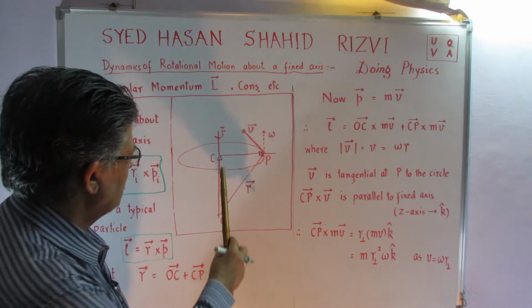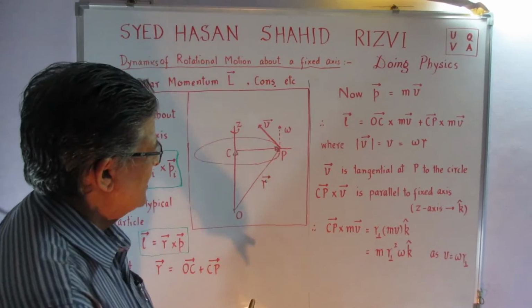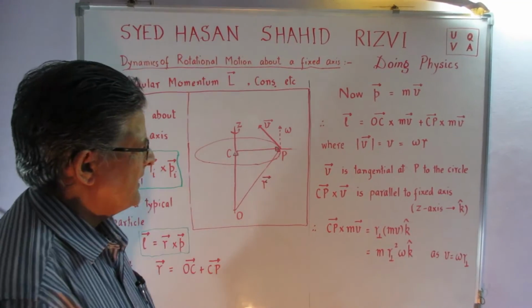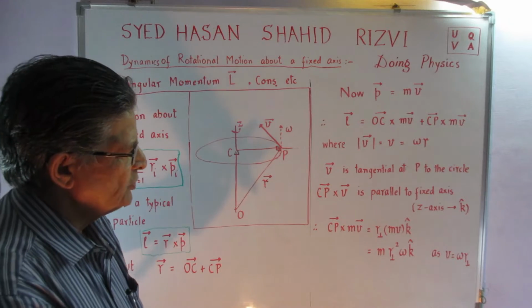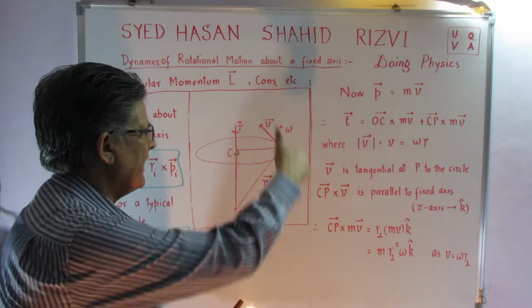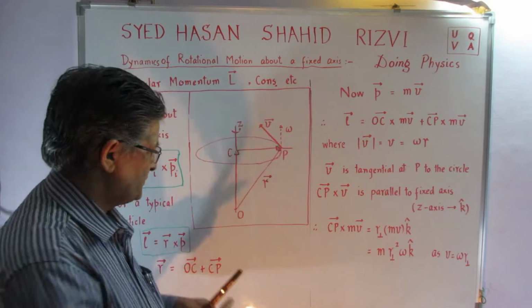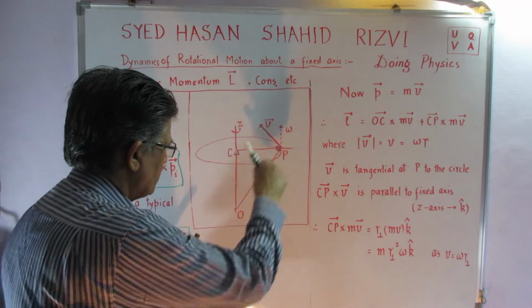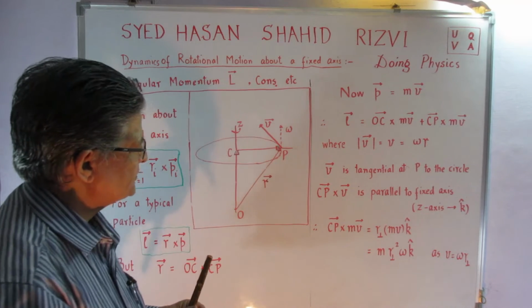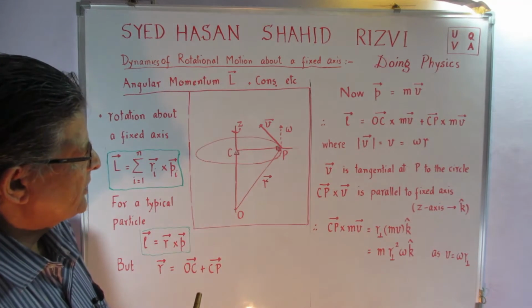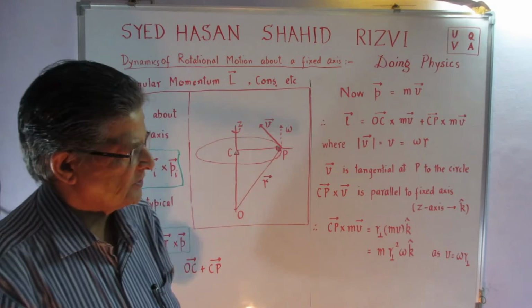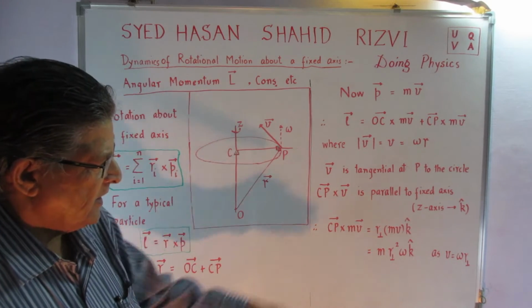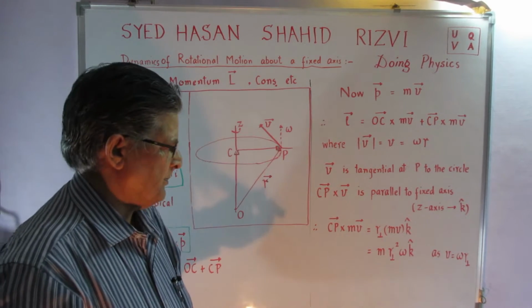Okay, so CP cross MV is parallel to the fixed axis. We have to use the right hand curl rule, and it turns out that because this is in the plane perpendicular to the Z axis, the circular motion, it is parallel to the fixed axis, which is the Z axis, indicated by K cap.